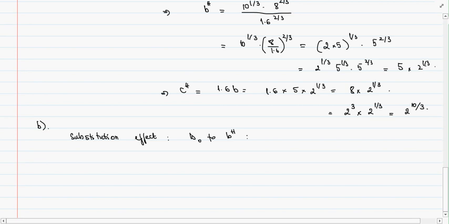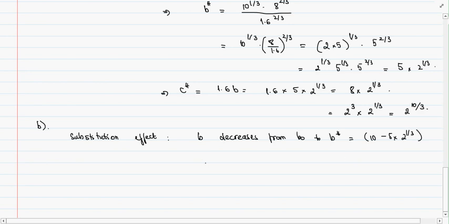So I would say that is smaller than 10. So B is basically decreasing due to the substitution effect. Okay, so B0 to BH, it decreases, and the amount is 10 minus 5 times 2^(1/3).